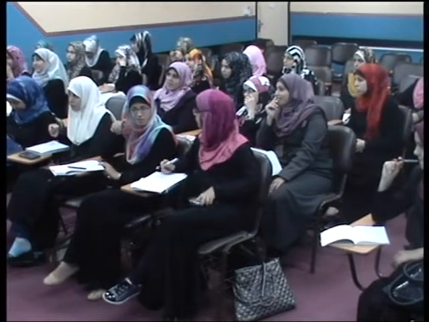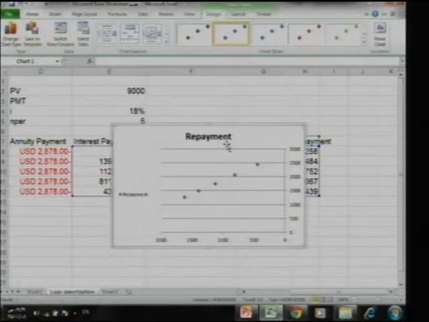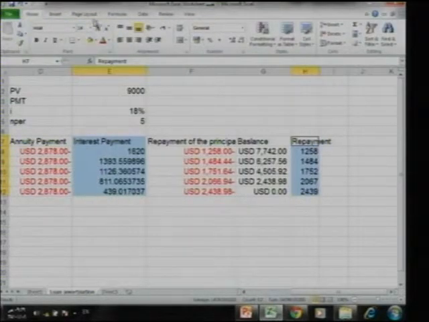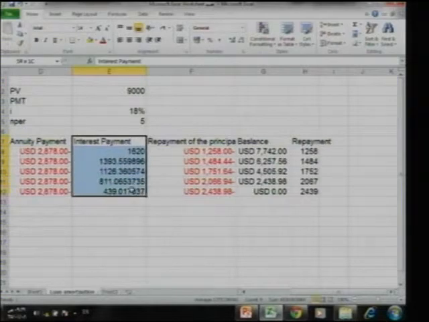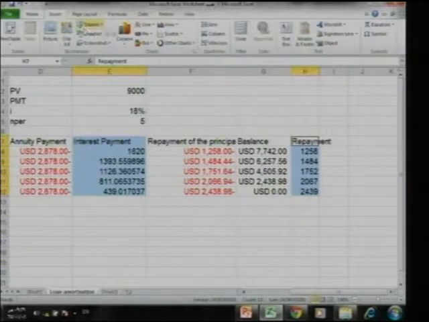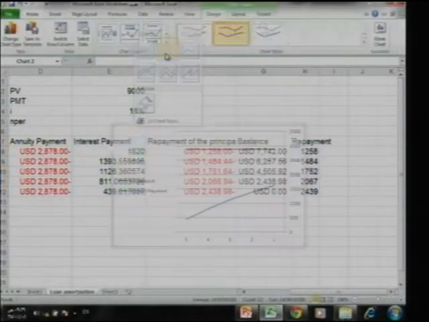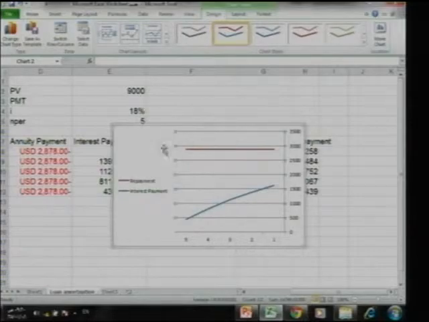We will use the XY. Where is XY? We need the XY axis.